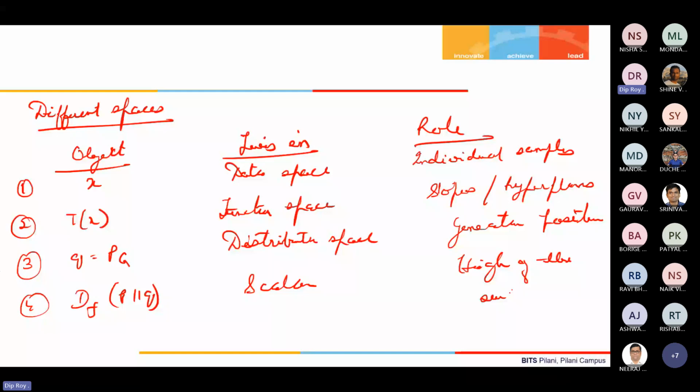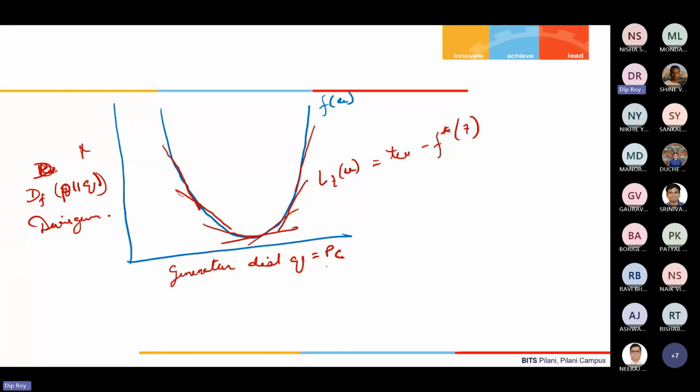The reason I wrote this down is that this x-axis is basically the generator position. All right. And this y-axis is essentially the height, which represents the divergence. Okay. Now, what happens when you run this algorithm?